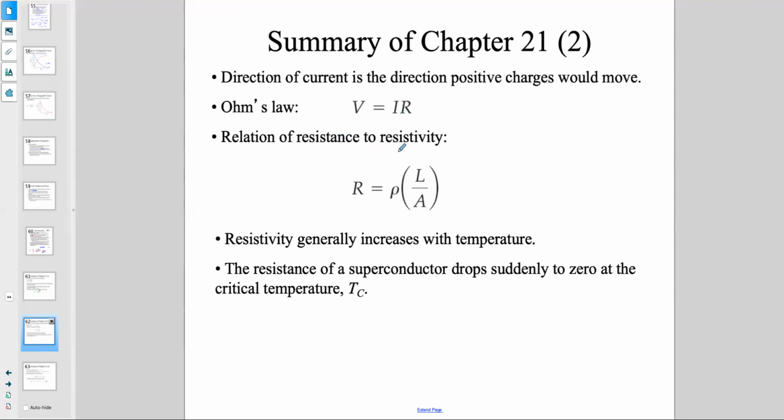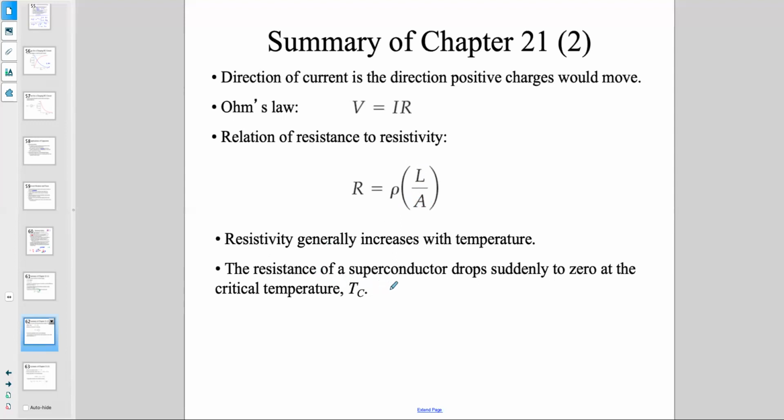And the relationship for the resistance of a wire is R equals rho, the resistivity, which depends on the wire material. If it's gold or copper, you will have a different rho, times the length of the wire over A, the cross-section area.